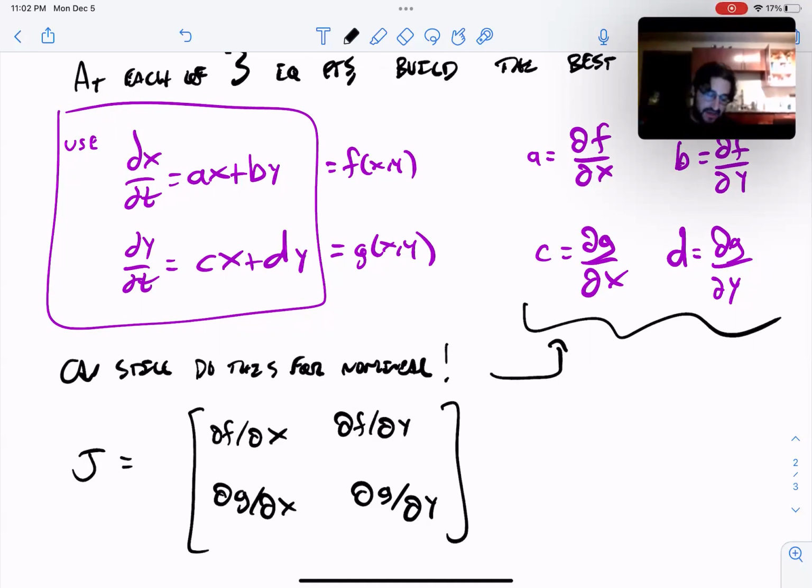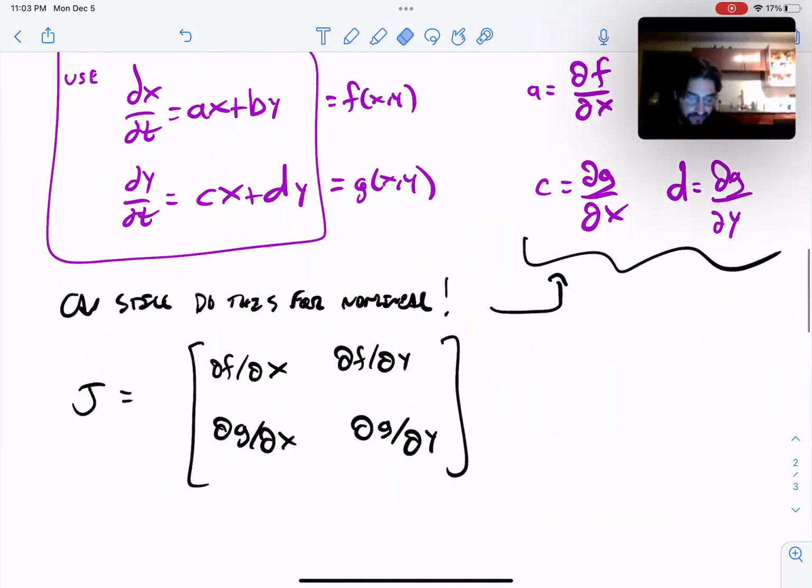Also, one thing I should mention, some people say this is the Jacobian, the matrix itself, and then they'll say determinant of the Jacobian when they mean the determinant. Sometimes people just say that the Jacobian is the determinant of that matrix. You'll see it stated both ways. Here I'm using it as the matrix itself, not the determinant. Just a heads up, you will see that used.